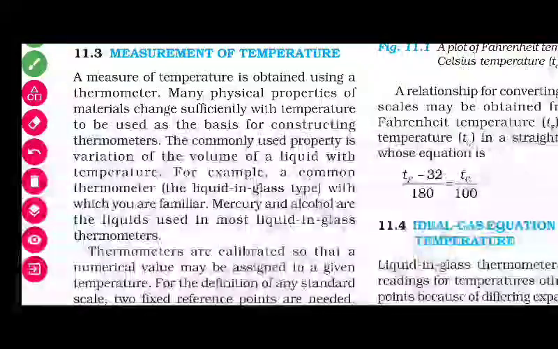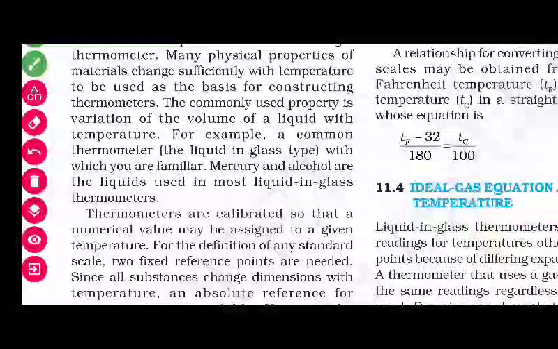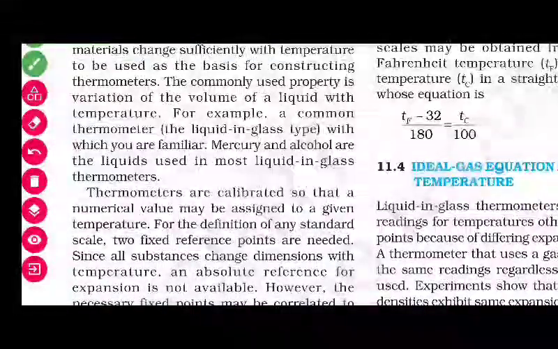The volume of the mercury will increase, and we can calibrate it, and it will show the temperature of the body. So this is one parameter we have set with temperature and heat. The volume increases, the physical property changes.